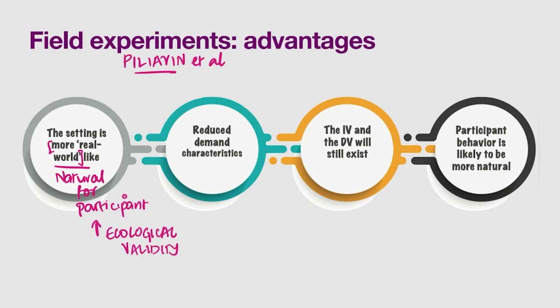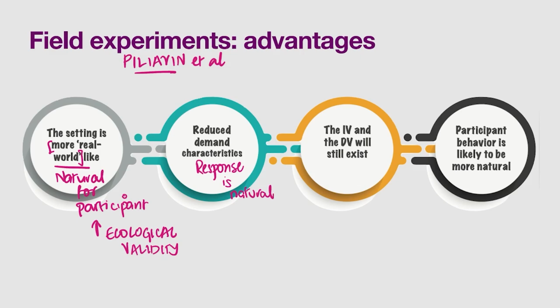Second, in many cases in field experiments participants do not know that they are in an experiment. So for instance with Piliavin, the participants were the passengers in subway carriages and they were unaware of being observed, which meant that their responses were completely natural to the perceived victim that they saw in the subway carriage.